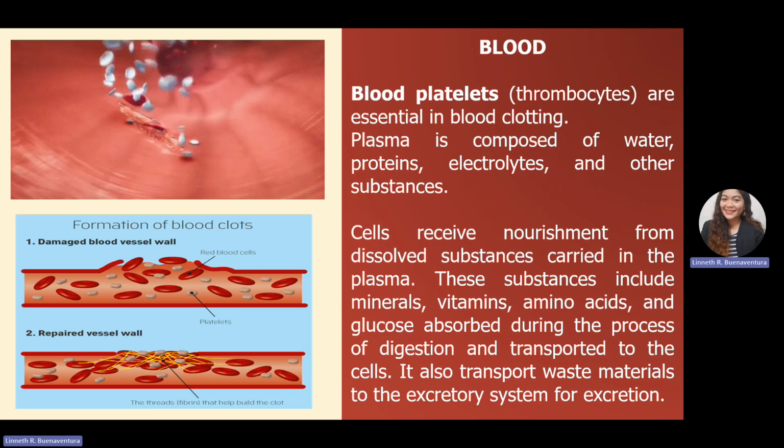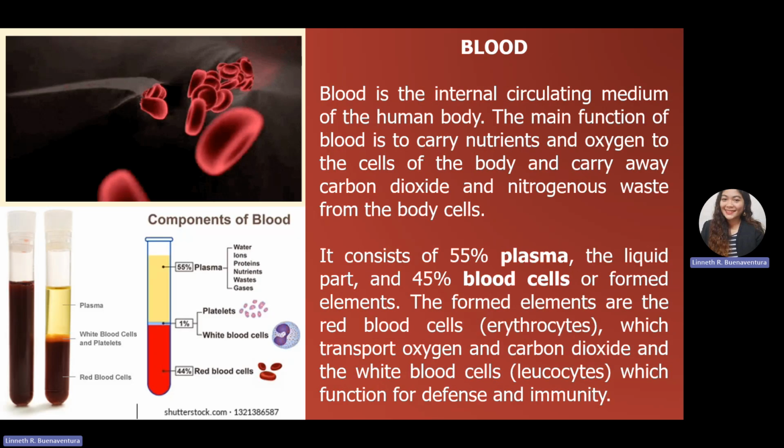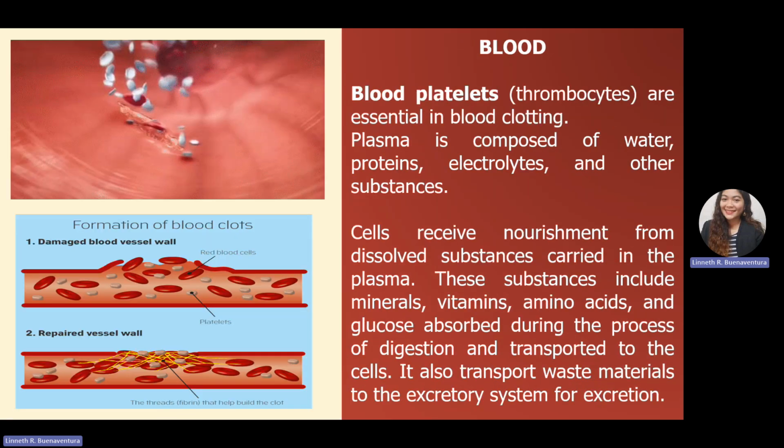So as you can see here in our PowerPoint, this is the formation of a blood clot. So plasma is composed of water, protein, electrolytes, and other substances. So when the cell receives nourishment from dissolved substances, it is carried in the plasma. So the yellow substance, that is the plasma.